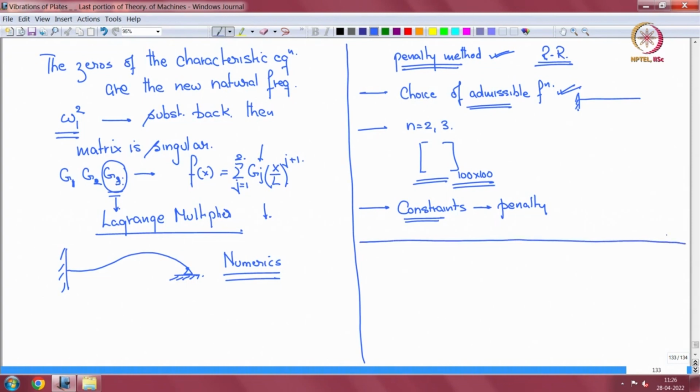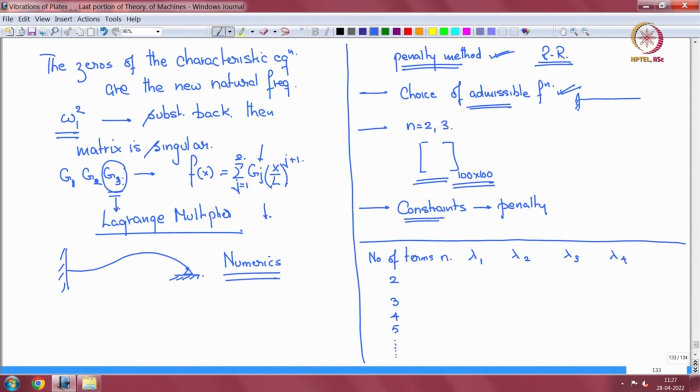The numbers are these, based on the number of terms n, that is 2 terms, 3 terms, 4 terms, 5 terms and so on. The first frequency parameter, second, third, and fourth frequency parameter.